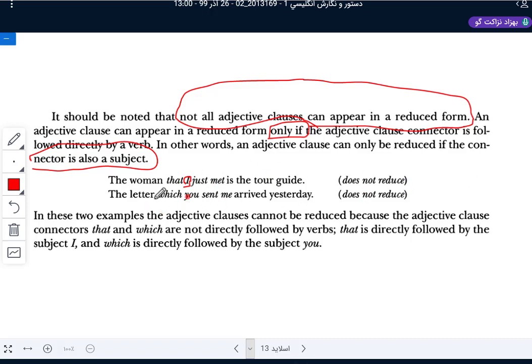If I say the woman that just met, this is wrong. Okay? This is not possible. So I cannot reduce, so no way.